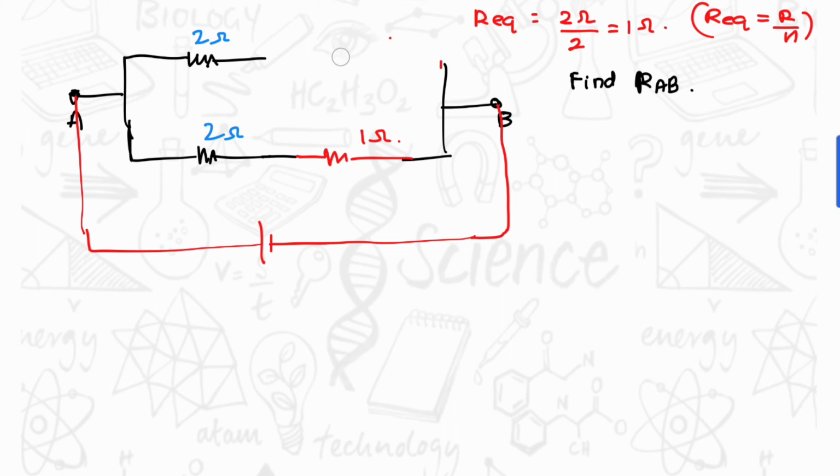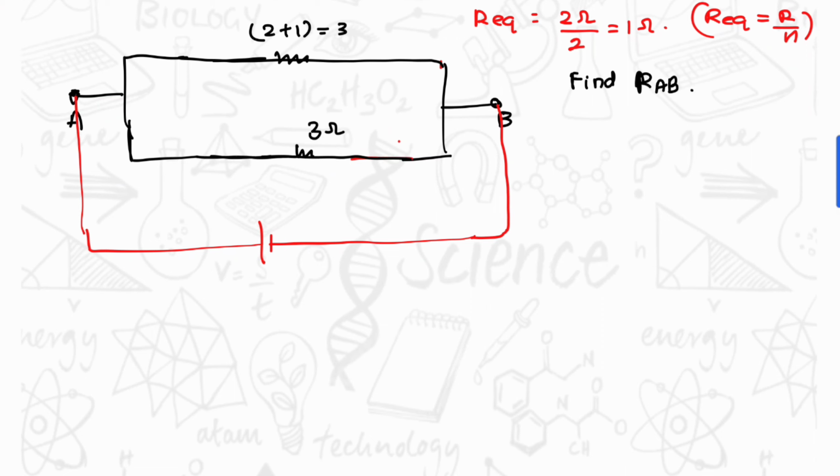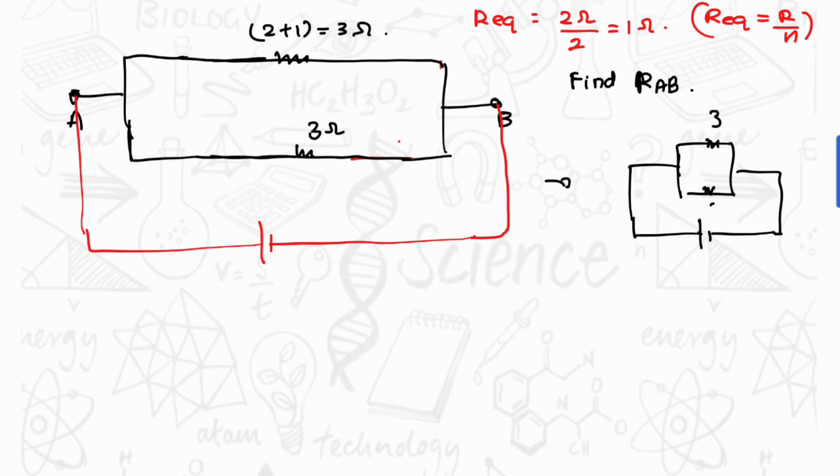So instead of them, we can replace them using a single resistor, that is 3 ohm, and here also it is 3 ohm. Then we have two 3 ohm resistors in parallel. Therefore RAB will be 3 ohm divided by 2, that is 1.5 ohm.